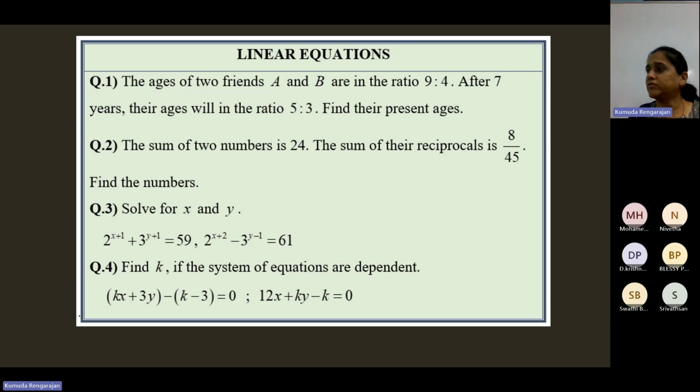Okay, did you solve the two equations? Now finally you have used two variables or only one variable? Okay, finish it then. Okay, fine, yeah.